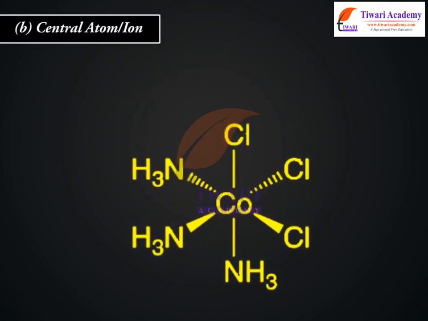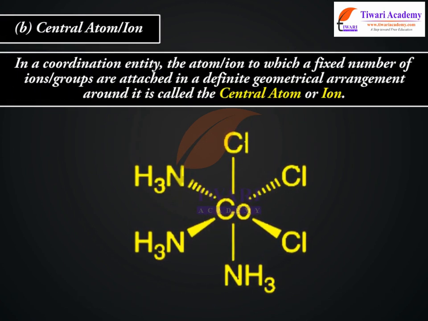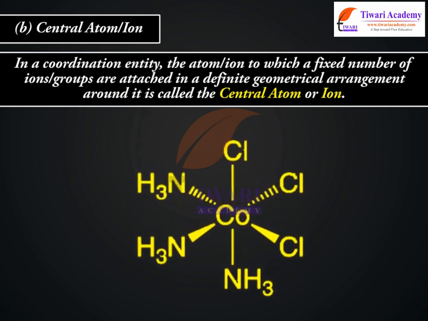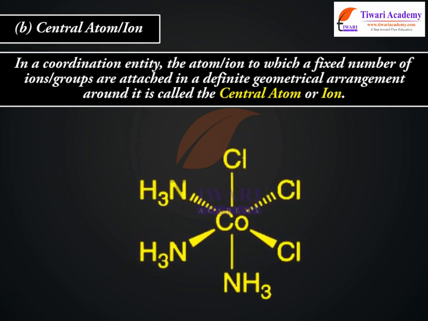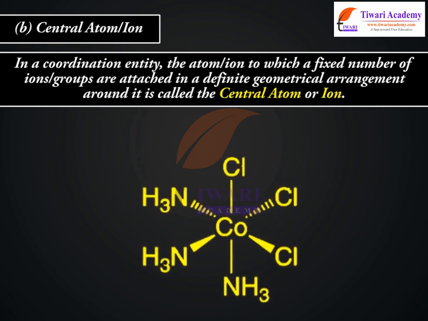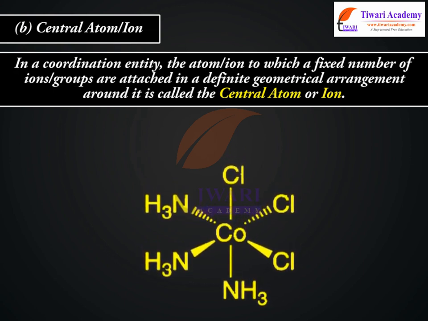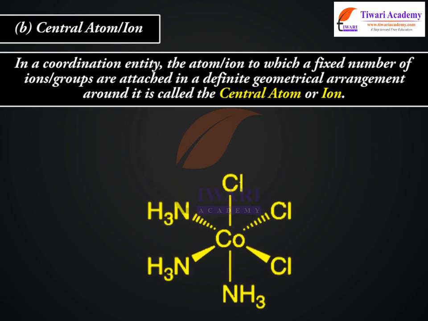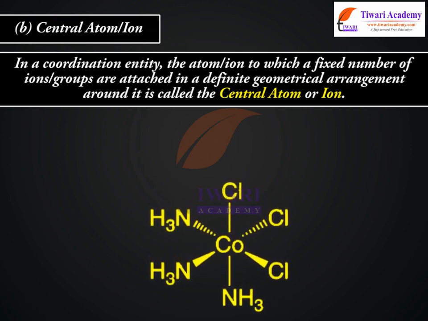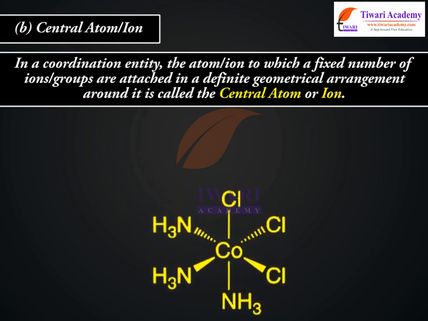B. Central atom or ion. In a coordination entity, the atom or ion to which a fixed number of ions or groups are attached in a definite geometrical arrangement around it is called the central atom or ion.